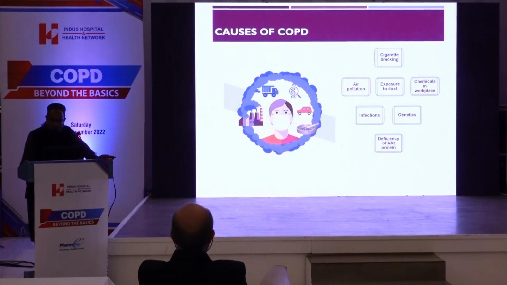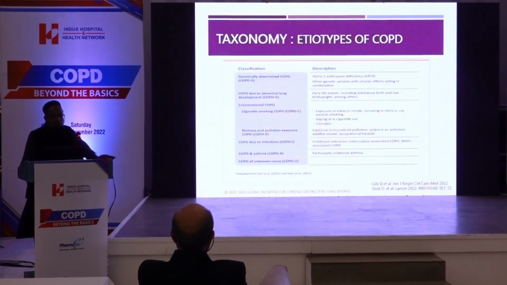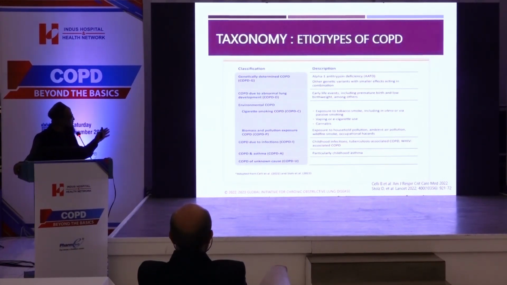So now a taxonomy has been generated, and for the first time etiotypes of COPD are differentiated. If COPD is caused by a genetic disorder like alpha-1 antitrypsin deficiency, it should be labeled COPD-G. If secondary to abnormal lung development, COPD-D.